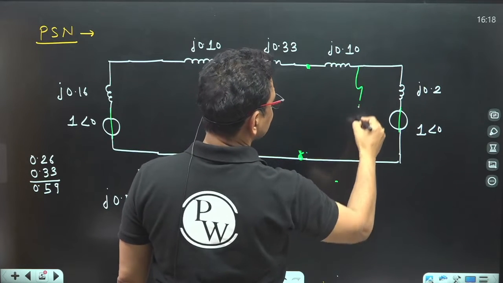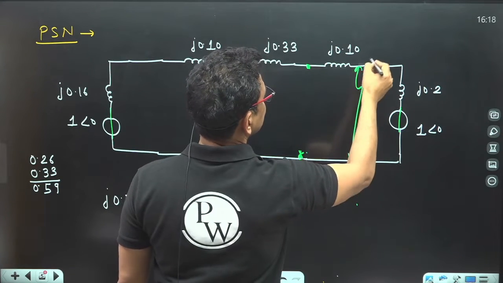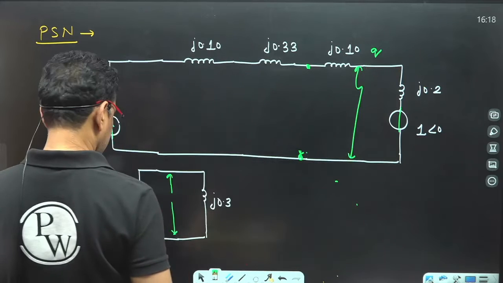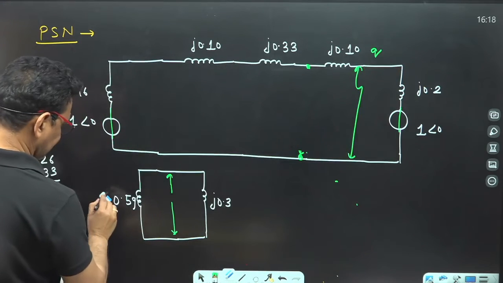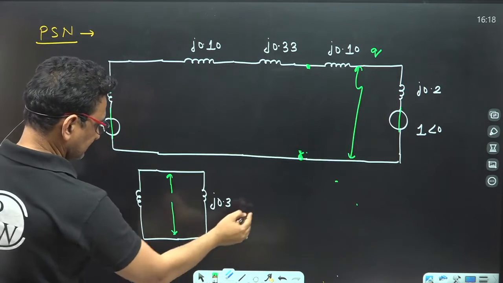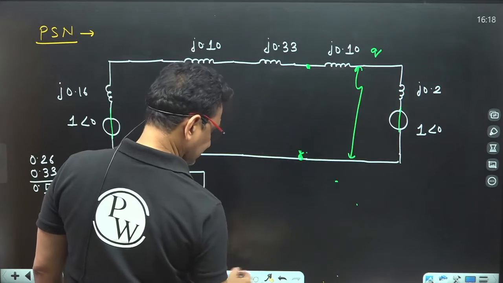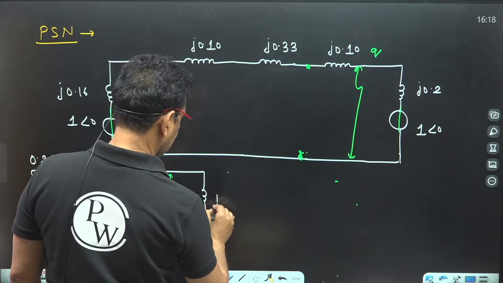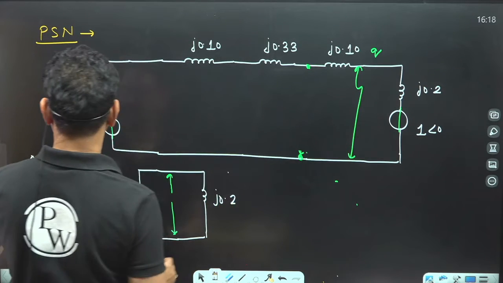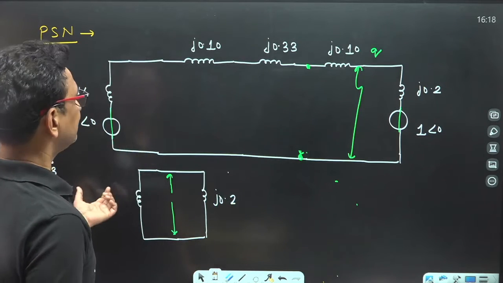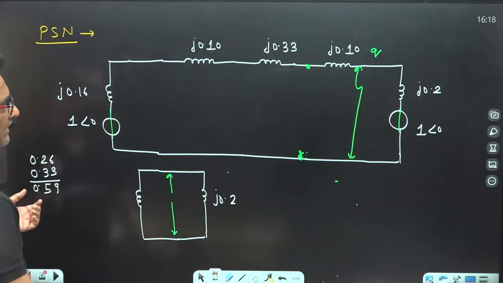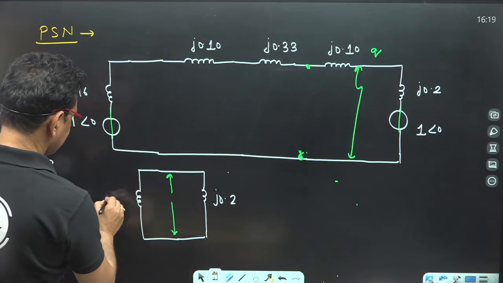This was my Q point. So this is j 0.2, 0.26, 0.33, 0.59, and 0.10, 0.69.